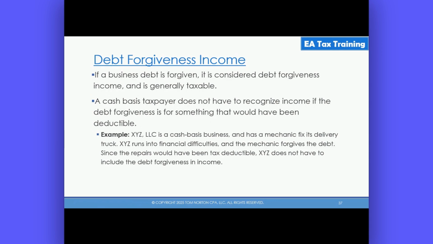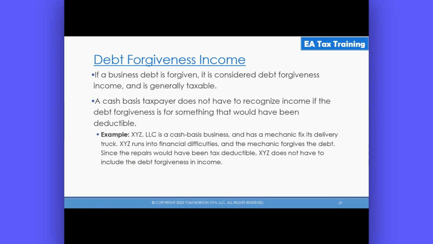However, a cash basis taxpayer does not have to recognize income if the debt forgiveness is for something that would have been deductible. So, for example, XYZ LLC is a cash basis business and has a mechanic fix its delivery truck. XYZ runs into financial difficulties and the mechanic forgives the debt. Since the repairs would have been tax deductible, XYZ does not have to include the debt forgiveness in income.